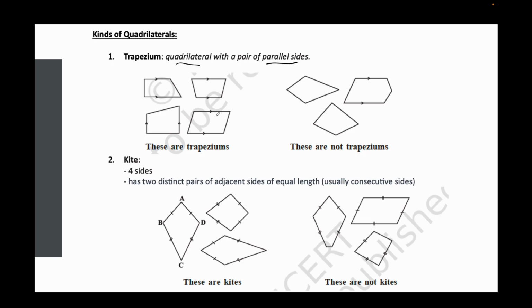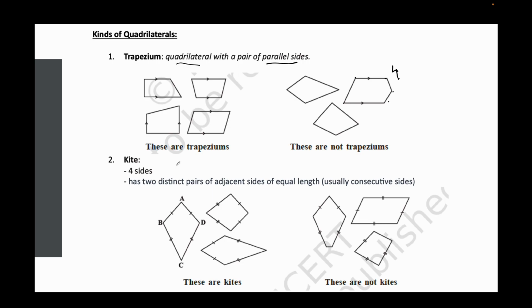These two are parallel, these two are parallel. But here, as you can see, none of the sides are parallel to each other. Here these are parallel, but as you can see, this has 5 vertices, and a trapezium only has 4 vertices, and these are not parallel. So this is the property of a trapezium.